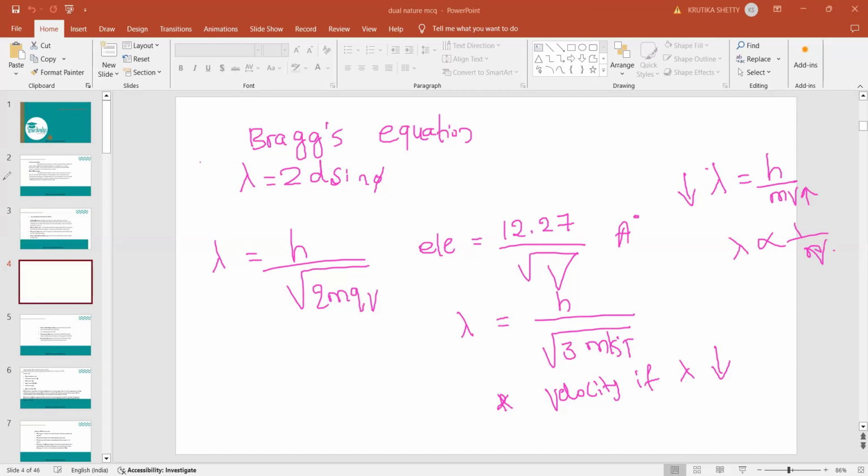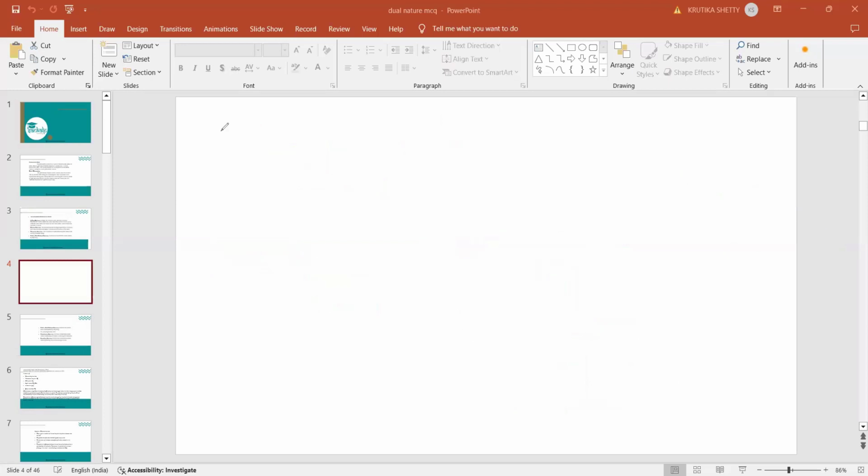Okay, students. So now one more question I want to ask you. Tell me, what happens to the wavelength? Suppose V is equal to 0, or you can say that the body is at rest. If the body is at rest, what happens to the wavelength?